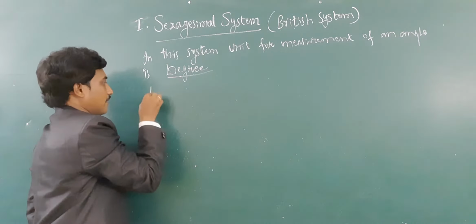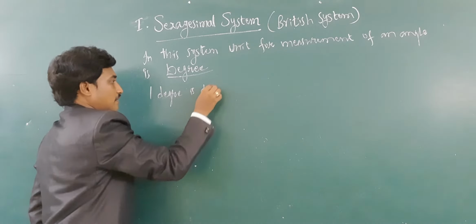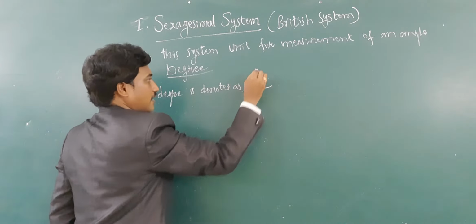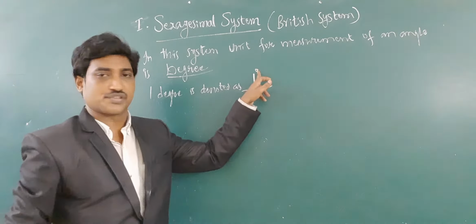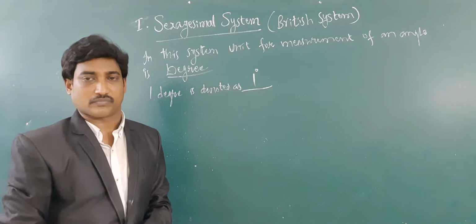One degree is denoted as 1 degree. We show a small zero on the top. We read it as 1 degree.